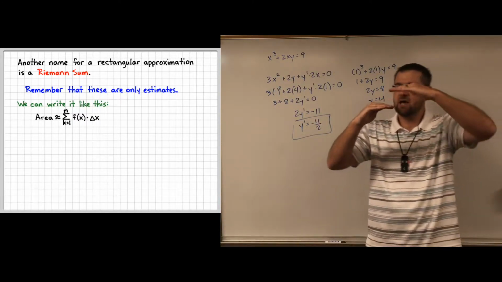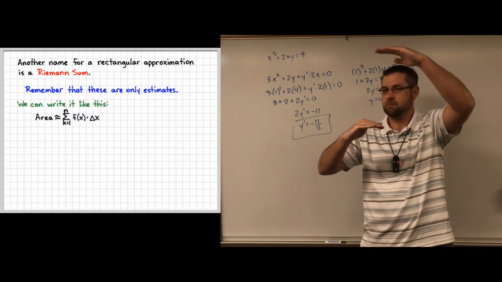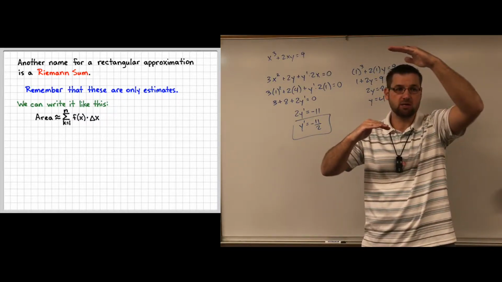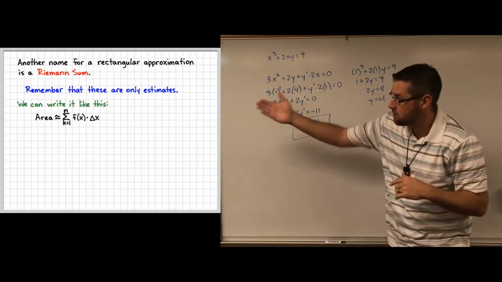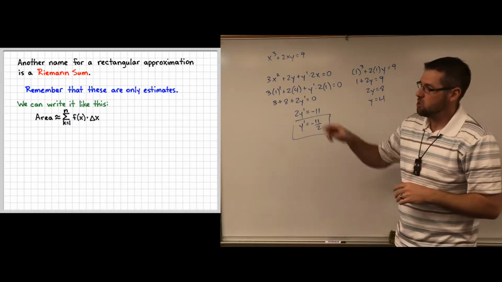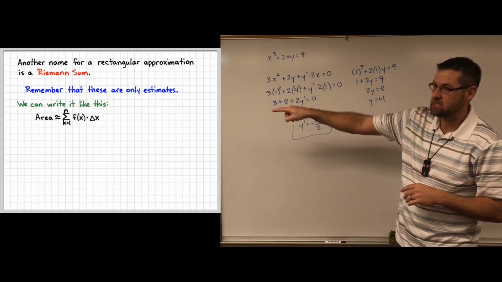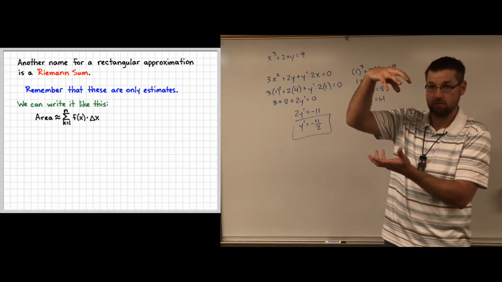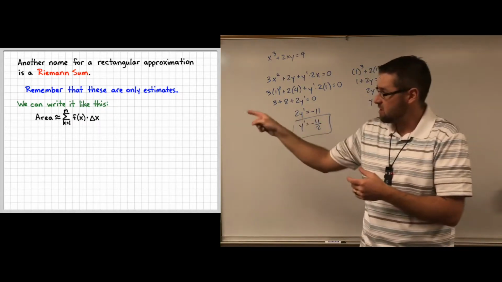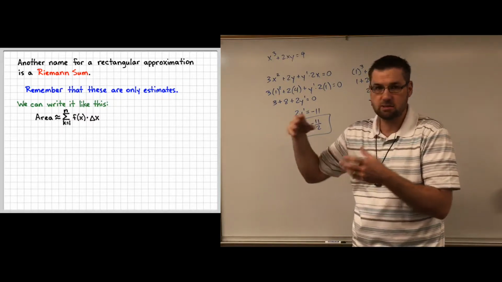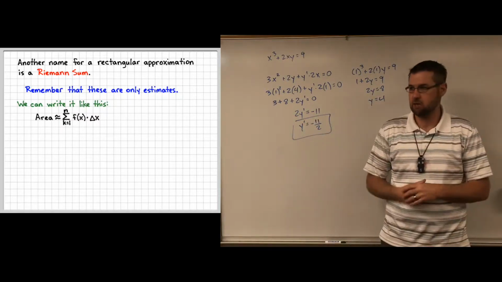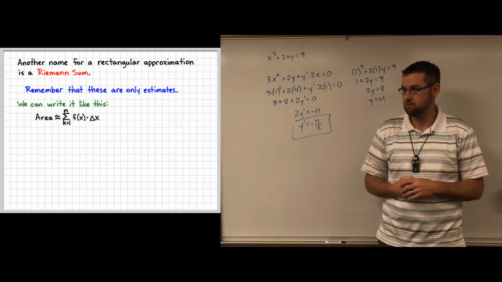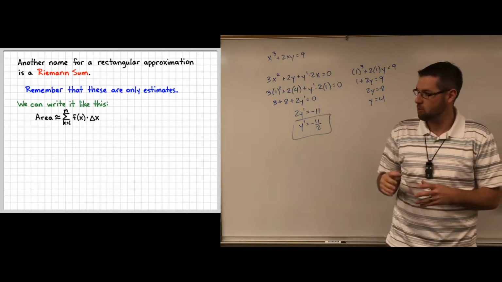And what gave us the height of the rectangle? Whatever the y value was. And we get the y value from f of x. So when you see f of x times delta x, that is just the area of one rectangle. You got that? Okay. The sum thing, the epsilon thing, means sum. It means add up all the rectangles. Right? I'll get there. I'm going there right now.